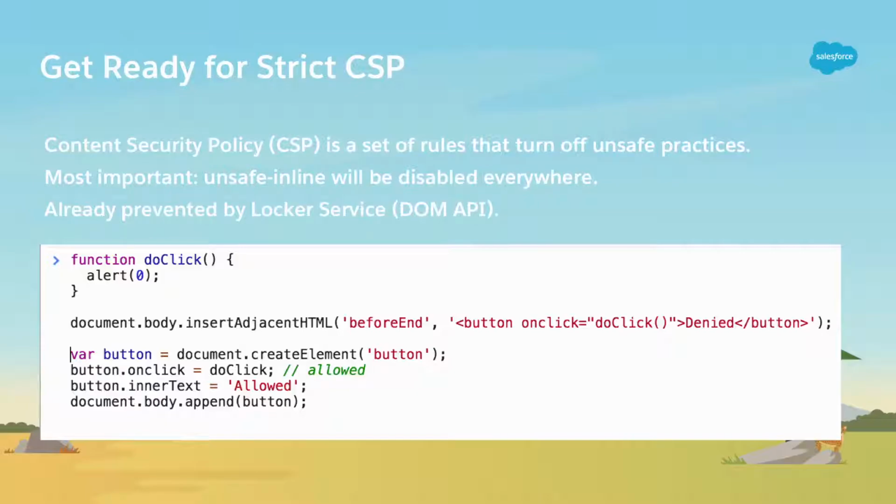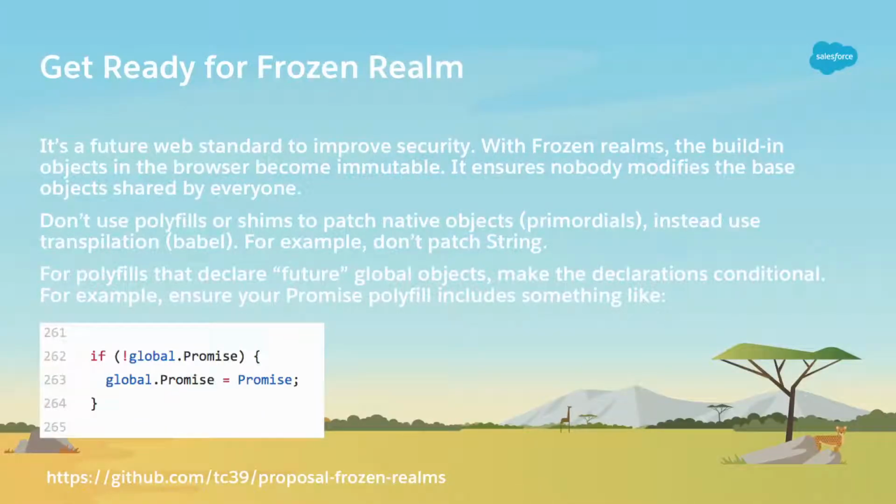And after that, we'll bring something else, which is called the frozen realm. The frozen realm is a new specification that's currently in the works. Salesforce is participating in it. To simplify it, it's basically all primordials, all objects the browser is born with, have their prototype frozen and cannot be modified.